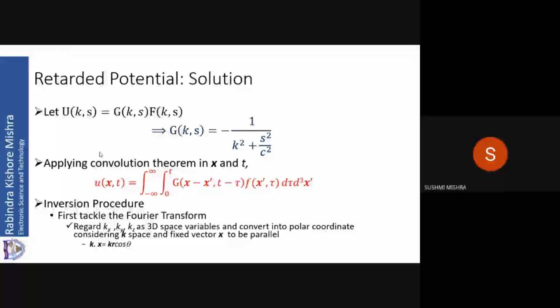Take the Laplace transform for the time domain, take the Fourier transform for the spatial domain, and solve it. The solution is your Green's function. Once you know the Green's function, take its convolution, which will give you the real answer that we'll discuss later. If you take the convolution of a function with another function, you get u(x,t). So that we have used.